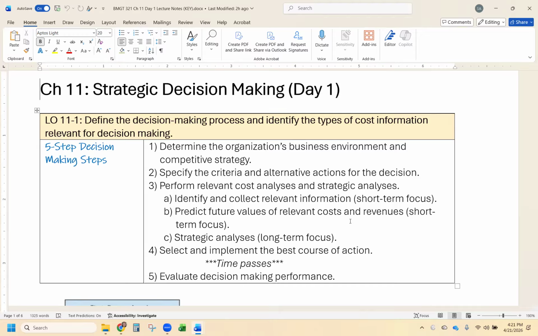Should we invest in this new piece of machinery or keep using the old one, even though it's less efficient? So those are the kinds of decisions we're going to be making in this chapter. Then look at all the costs and identify and collect the relevant information on a short-term focus. So this chapter is specifically short-term, specifically financial.